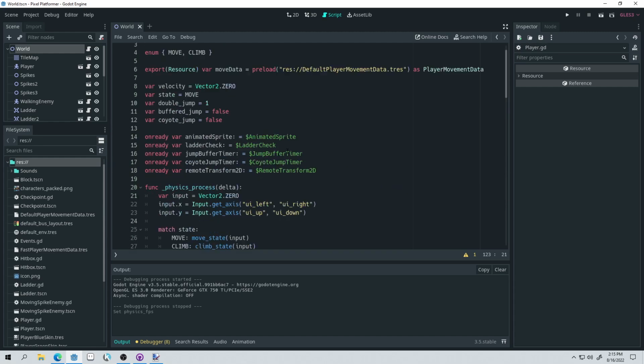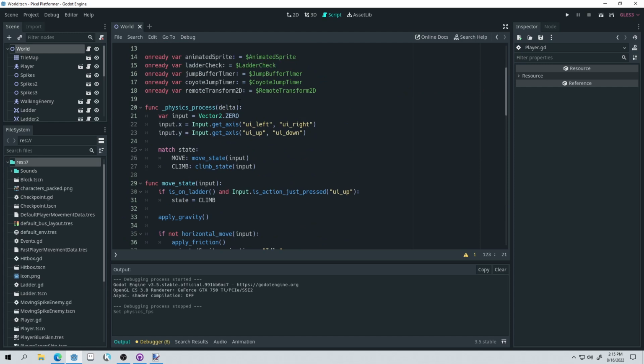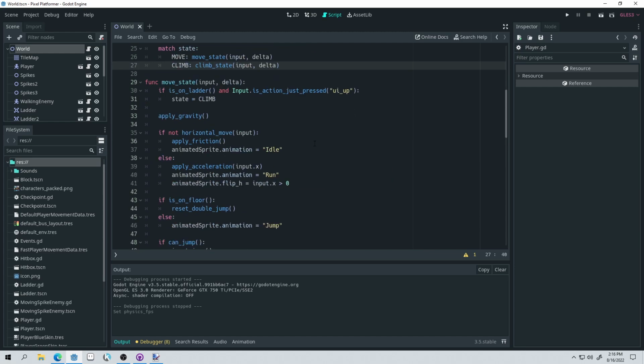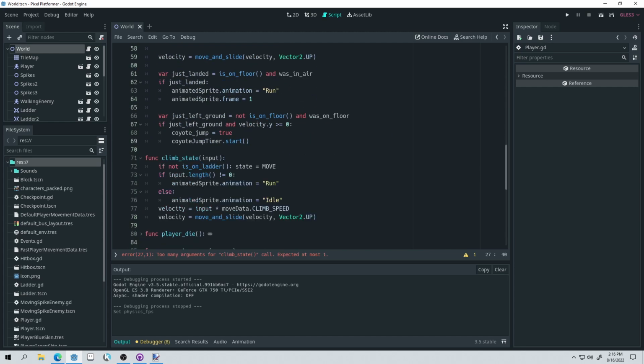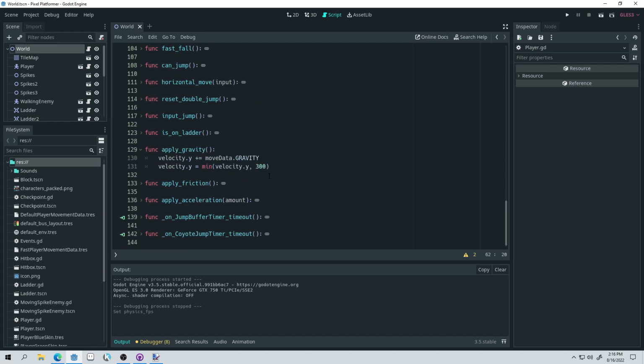In order to do this, we're going to pass delta into the different states that we have. So here we have our move state, and we pass in an input. We're also going to pass in delta from our physics process. So here we'll pass in delta. This is important. We'll do the same with our climb state. Delta. We'll come down to the climb state, and delta. Okay. Now we need to do it in our apply gravity.